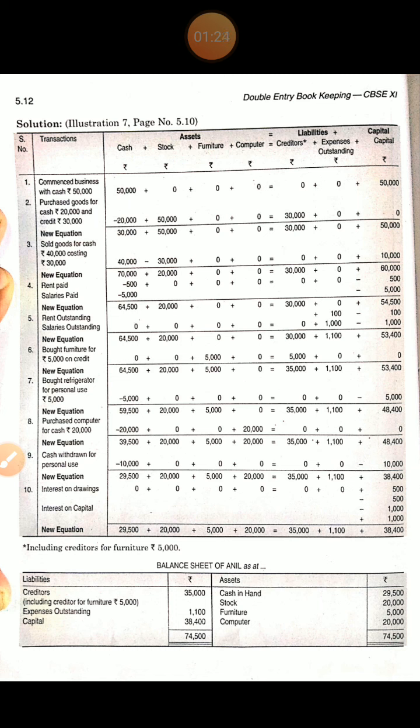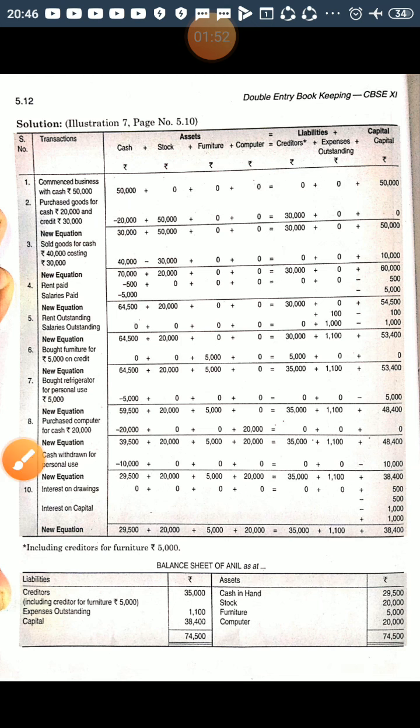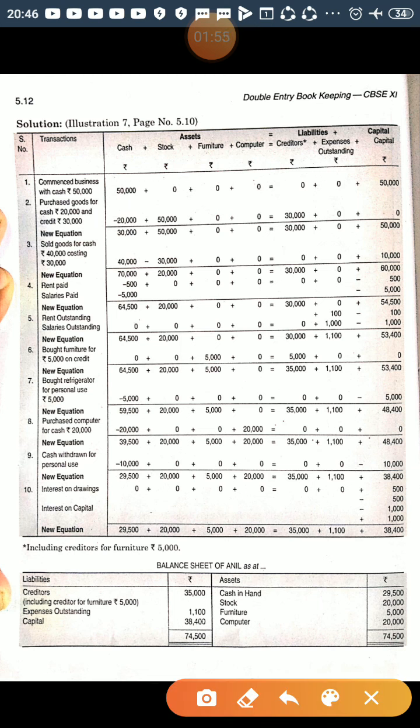Keep writing those assets and liabilities involved in this first column. After reading all the transactions and analyzing all the names of the assets and liabilities, you will start making an equation, right? So for the sake of clarity, I again repeat the process.